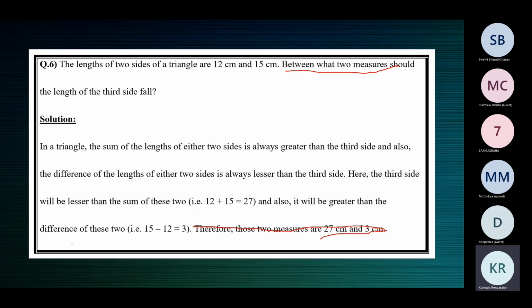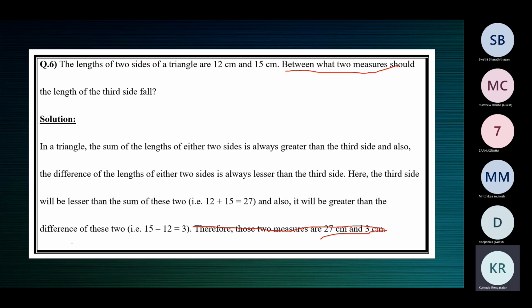The length of the third side should lie between 3 centimeters and 27 centimeters.